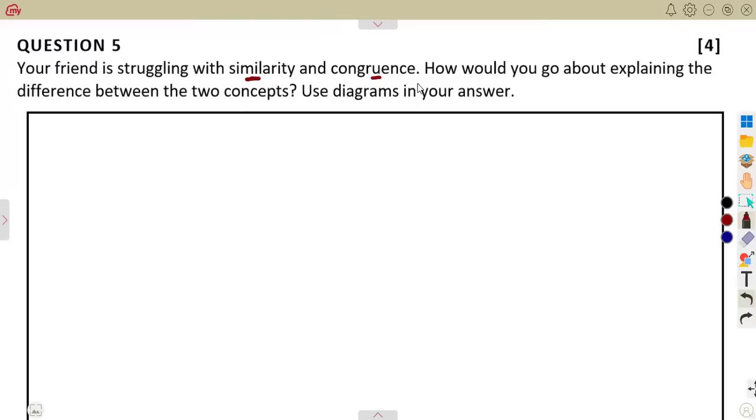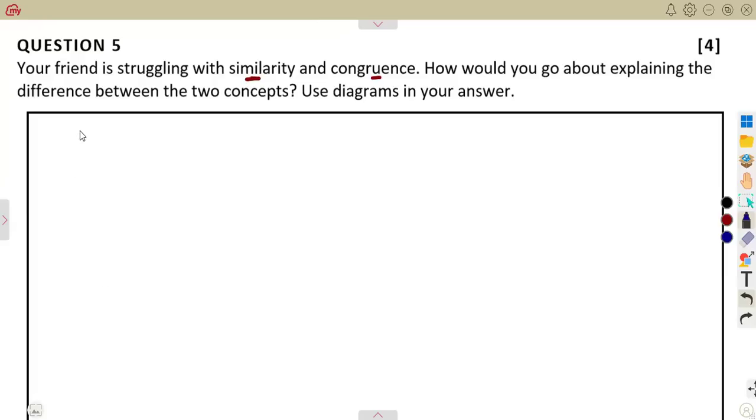You want to explain the differences between congruent figures and similar figures. How can you best describe it? It's in your hands, the way that you're going to explain.